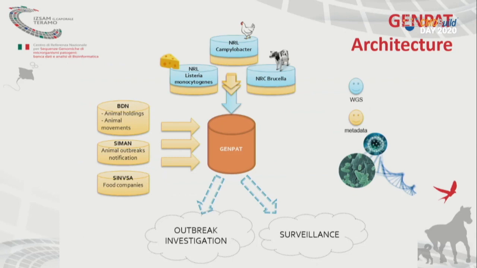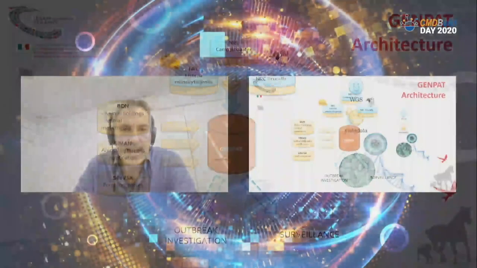This is the architecture, a very particular architecture, because we had the need in the GEMPAT system, the orange one in the center, to take data coming from different organizations that were the owners of the pathogens data.